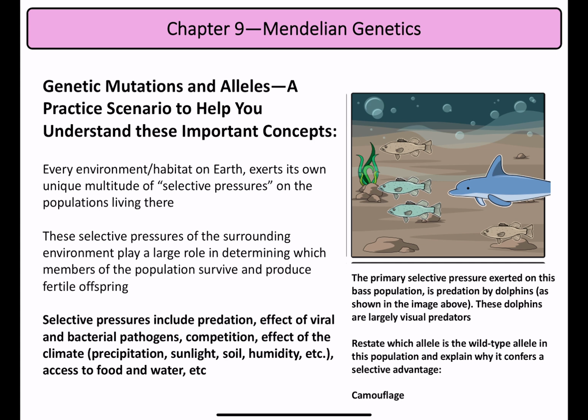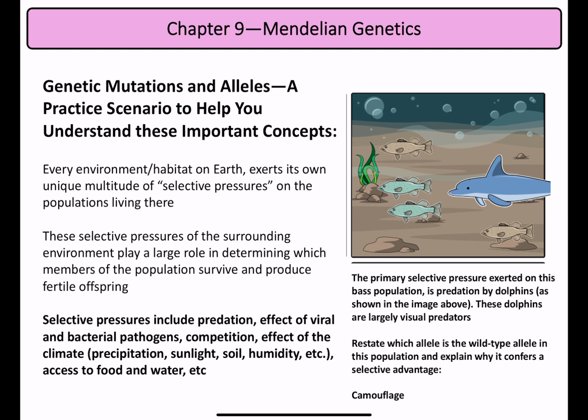Things mainly like predators, bacterial infections, viral infections, competition for food, water, shelter, the climate, the temperature, the humidity, the precipitation. All of these things affect whether an organism is going to survive, reach reproductive maturity, and have healthy, fertile offspring. So whatever genes, whatever alleles equal that survival, those individuals are going to stick around, and their alleles are going to become common because they work in that environment.